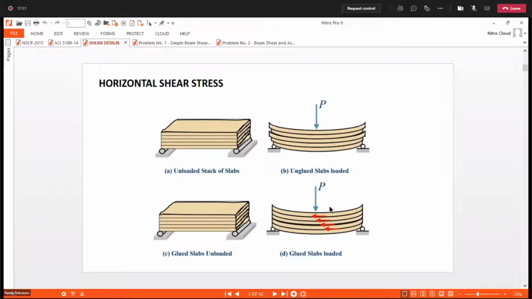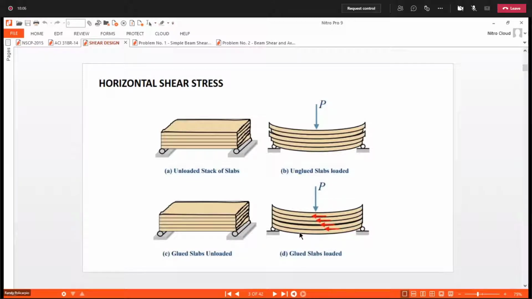Whereas in the glued slabs, they remain intact. What we notice here is that the glued part is what resists the load so that the slabs do not separate.